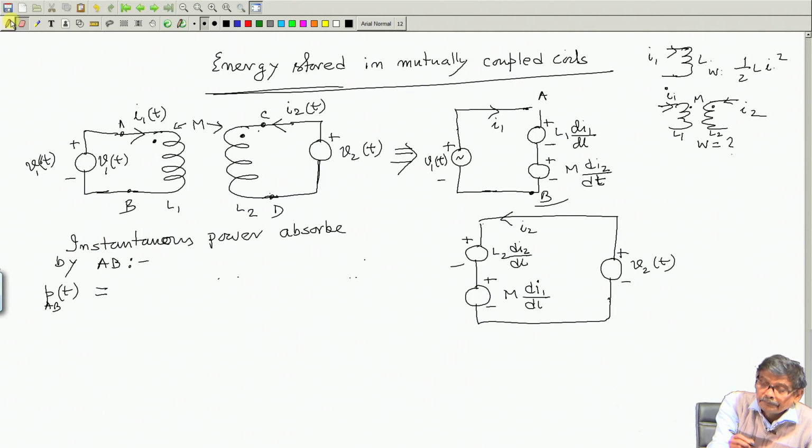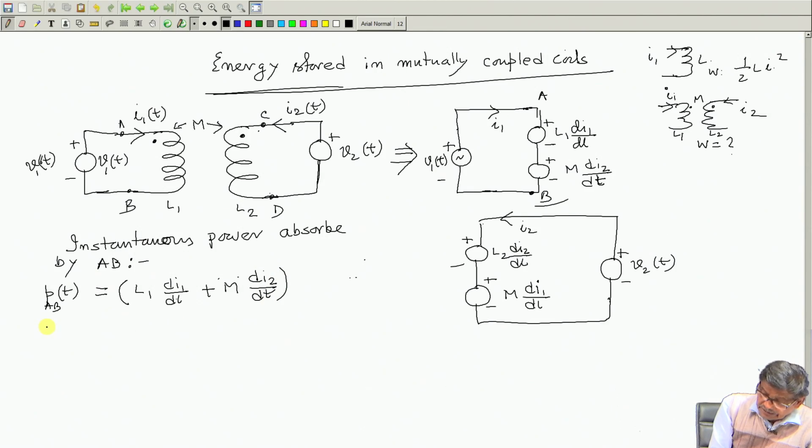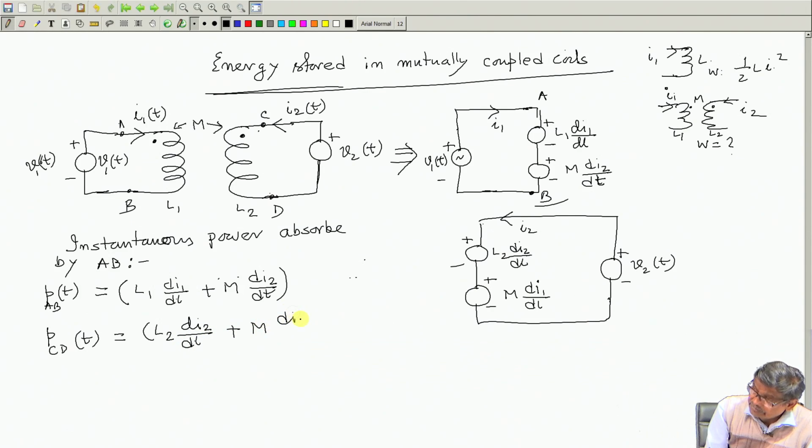So, this will be L1 di1/dt, voltage between these two points A, B, plus M di2/dt. Similarly, power absorbed by CD, instantaneous power, will be this voltage, that is L2 di2/dt plus M di1/dt.